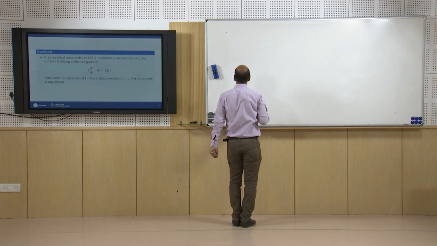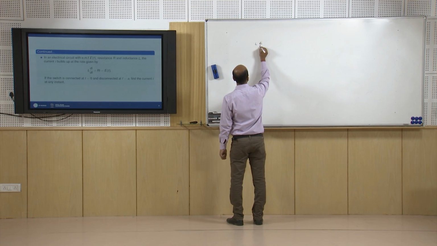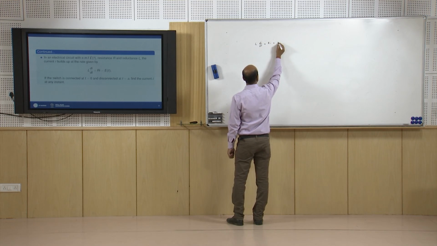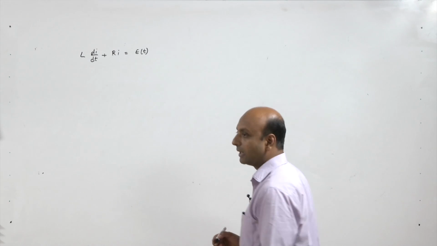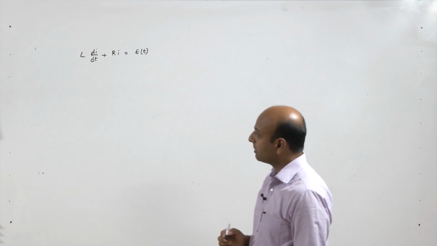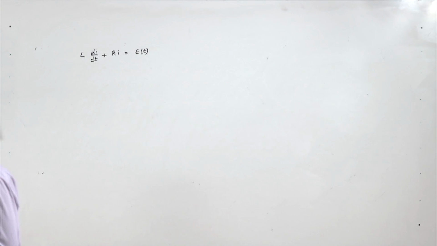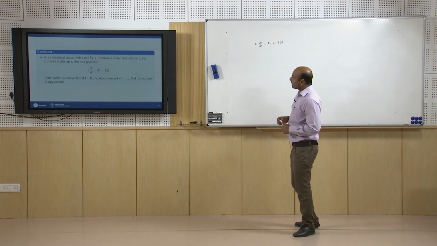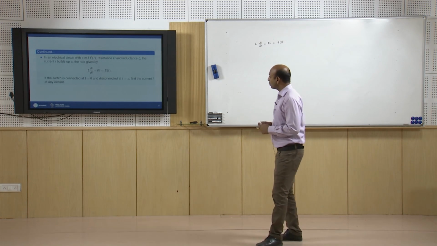What is the governing equation here? L di by dt plus Ri equals Et. Okay. The same equation, the LCR circuit equation, I mean EMF, resistance and inductance. This is the differential equation given by this expression. Now, it is given that the switch is connected at t equal to 0 and disconnected at t equal to A. What does it mean?